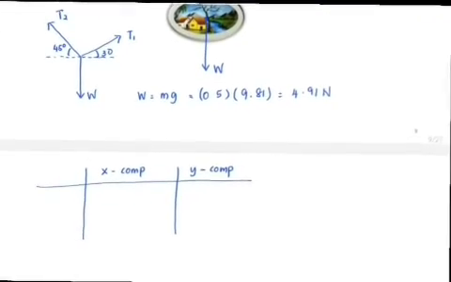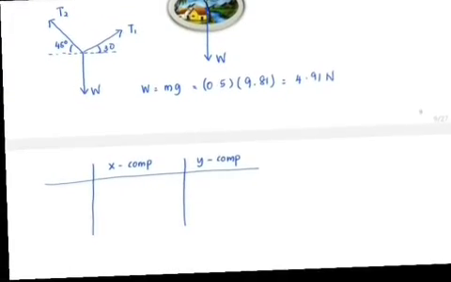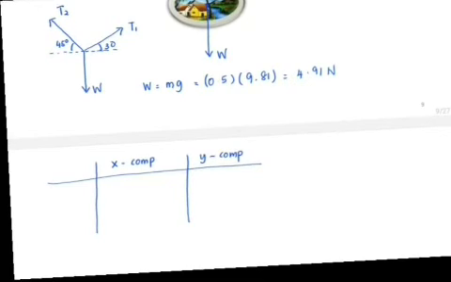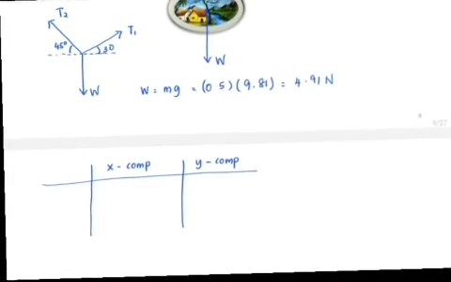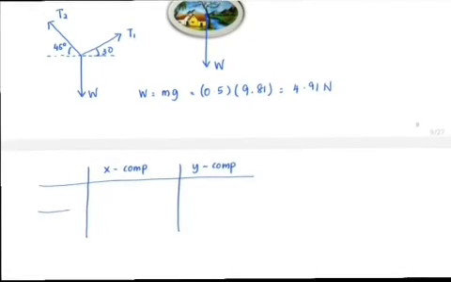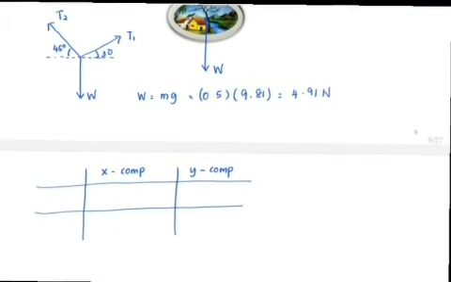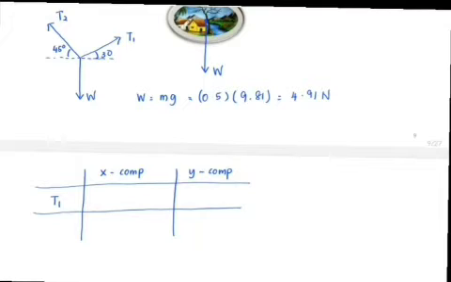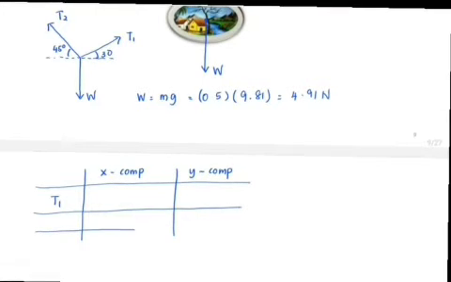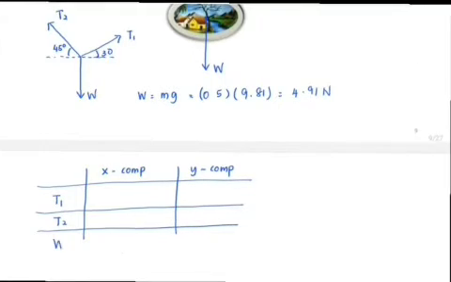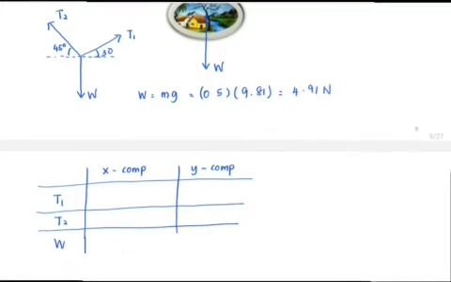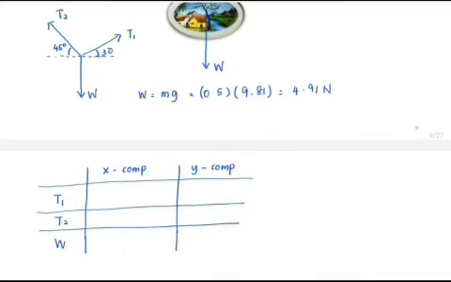I suggest to you to use this table to resolve the forces. Since we have 3 forces, therefore we have 3 rows. This is for T1, T2, and weight. So we start resolving T1.